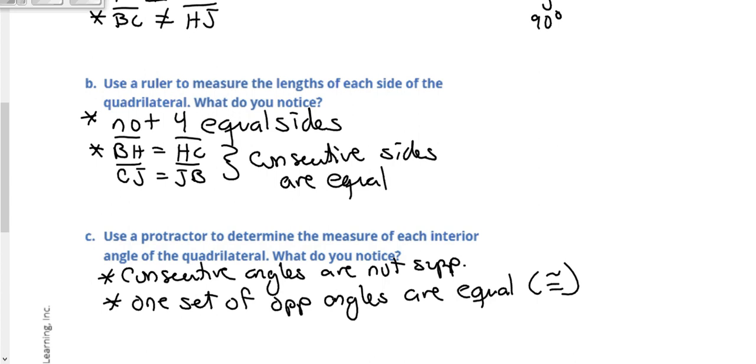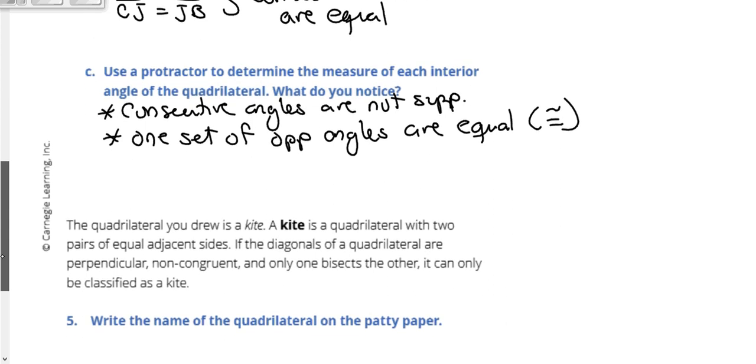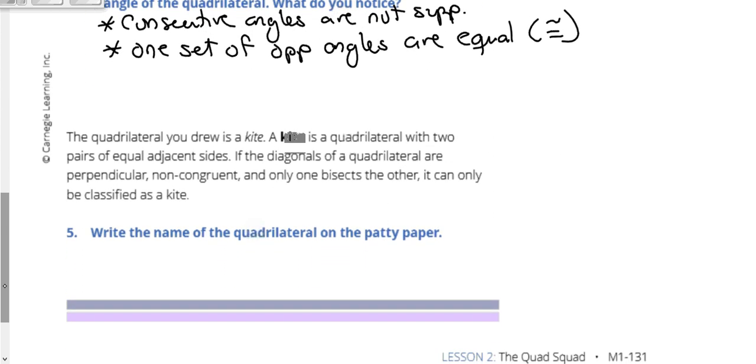Okay. All right, so this one, they kind of give it away at the bottom here. It's called the kite. Okay, you guys usually are in elementary, they always call them a diamond, which is something that makes us upset. But okay, a kite's a quadrilateral with two pairs of equal, adjacent, or consecutive sides. The diagonals are perpendicular, non-congruent, and only one bisects the other.